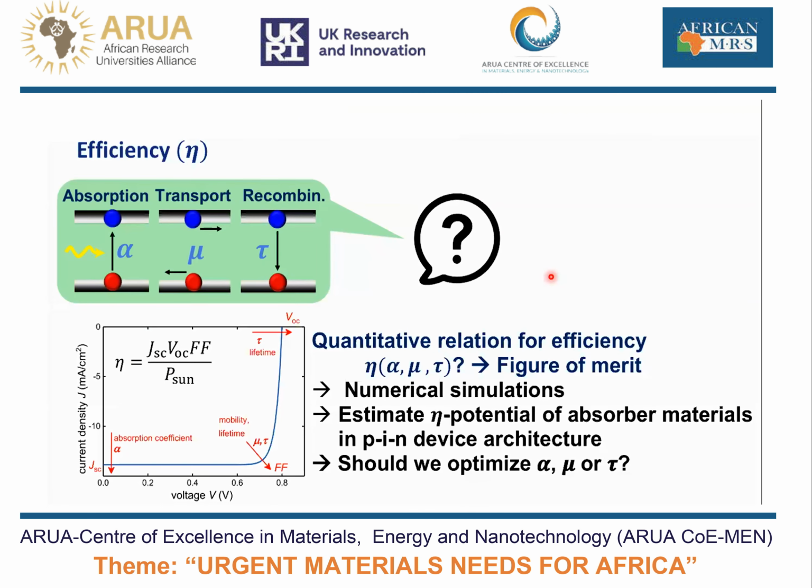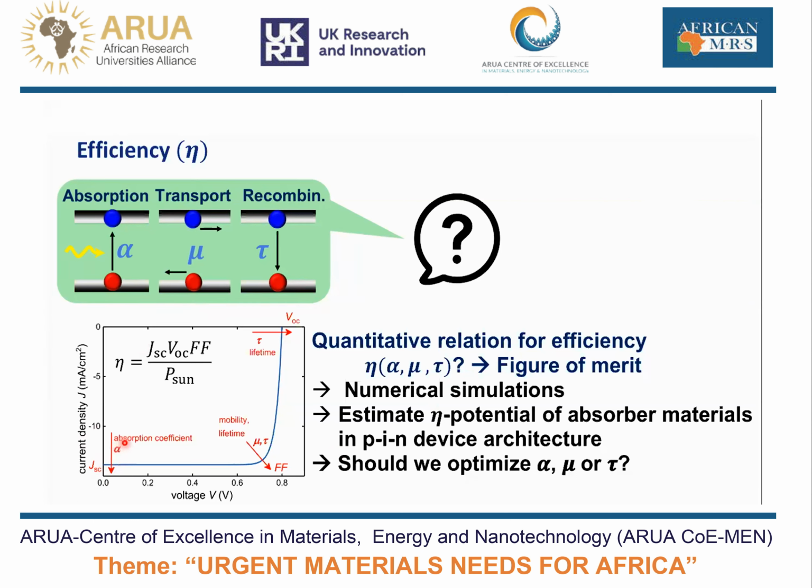In such a case, the physics part of it is that we want to look at the absorption, the transport, and the recombination. Of course, if you look at a solar cell in terms of diode characteristics, then you'll want to see a curve that looks like this.